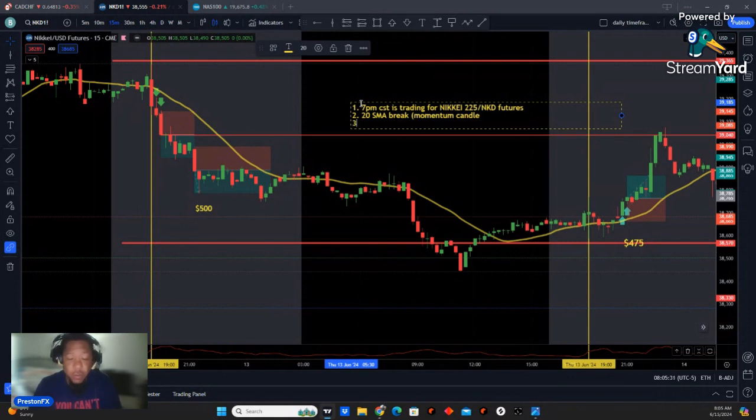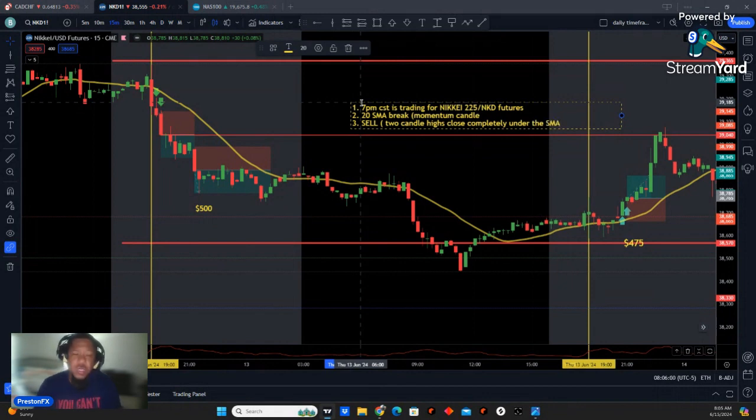So let's say for a sale, we want two candle highs to close completely under the SMA.